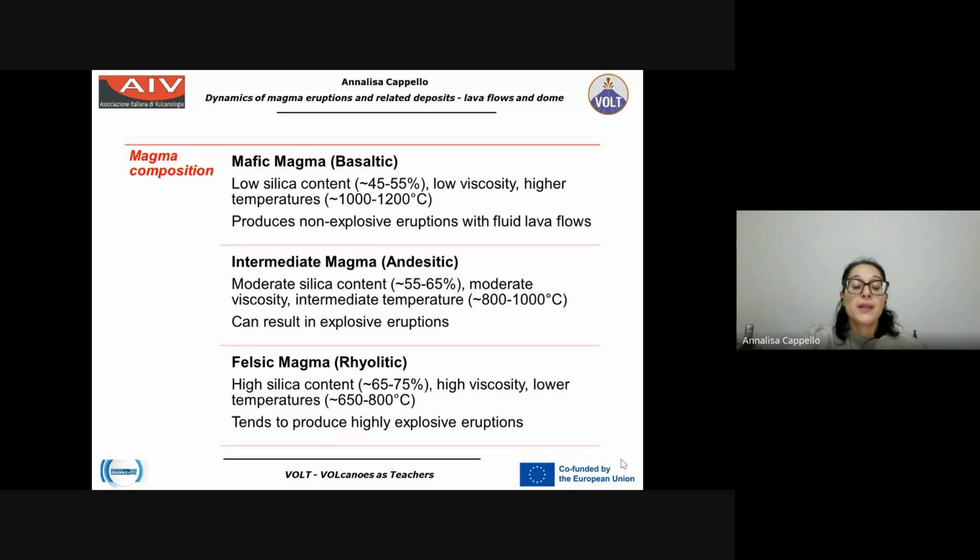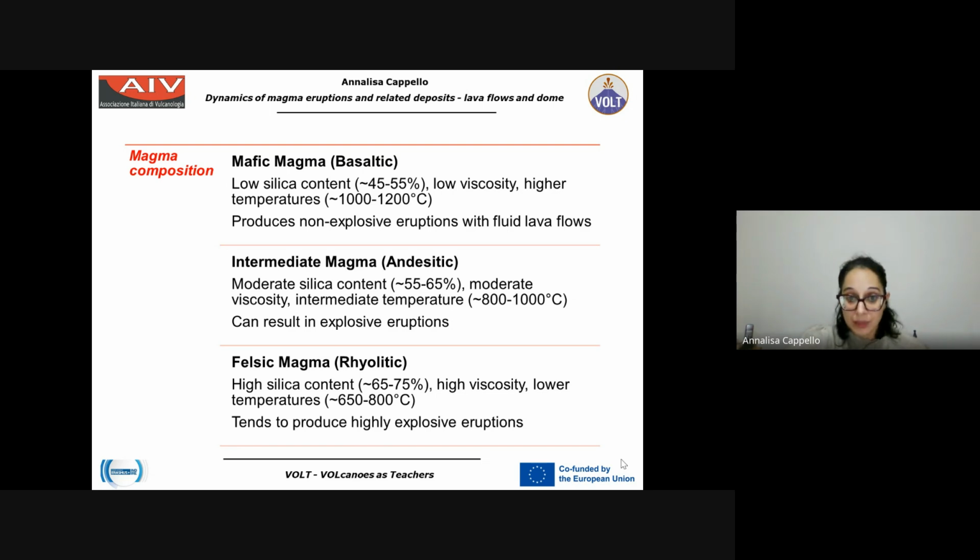Mafic magma, which is also called basaltic, has a silica content between 45 and 55%, so it has a lower viscosity and erupts at higher temperature, between 1000 and 1200 degrees. Generally, due to these characteristics, they produce non-explosive eruptions with fluid lava flows.